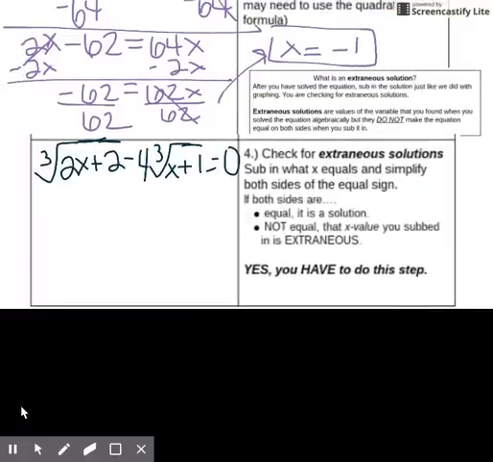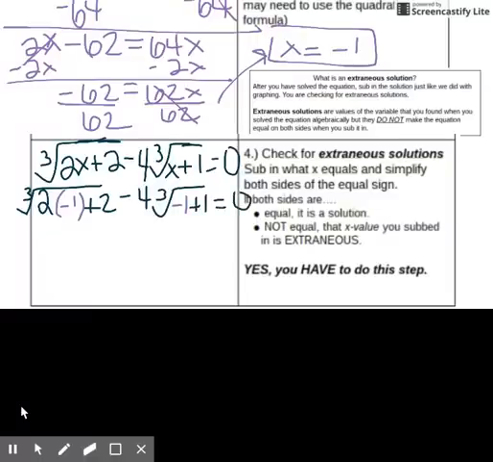Okay, and then I always have to check it to see if it's extraneous. So in this equation I have the cubed root of 2 times the negative 1 plus 2 minus 4 times the cubed root of negative 1 plus 1 equals 0.